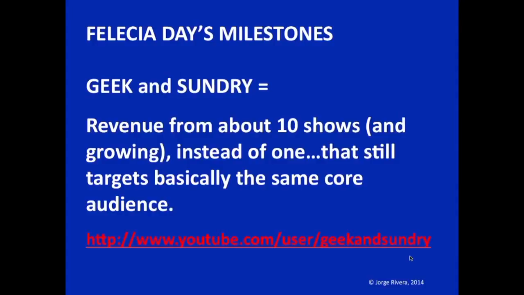She's up to probably almost, at this point, maybe close to 24 shows on the channel, and all of those shows are now earning revenue as opposed to the one show. So instead of earning revenue with one single show, she's got 10 and growing at least that target the same target audience.